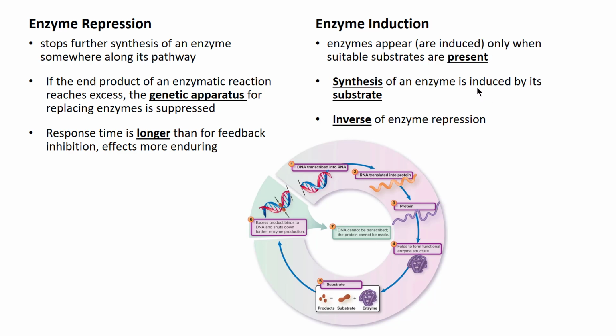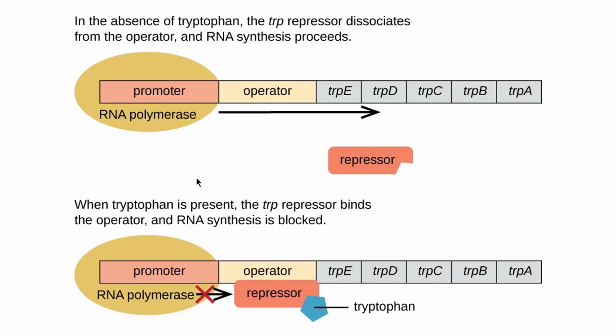There are presumably many examples of this in the body. These types of processes are difficult to study. These have been done in bacteria, for example. So the tryptophan regulation pathway is one that has been studied fairly well. Tryptophan is an amino acid, and tryptophan itself can actually turn off some of the enzymes that degrade or catabolize tryptophan.